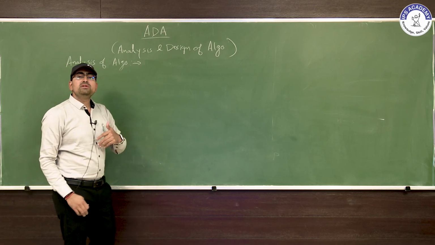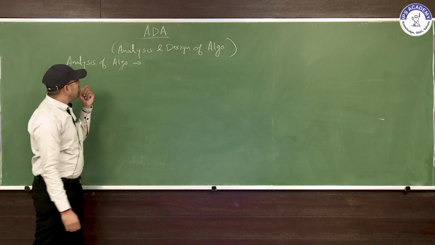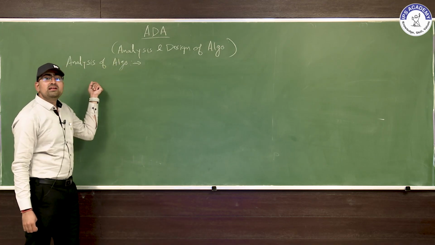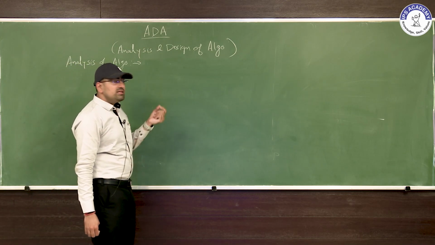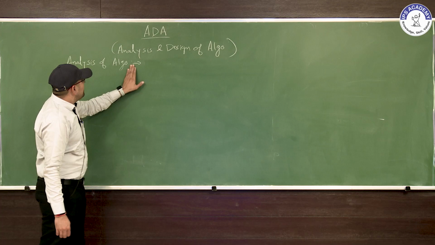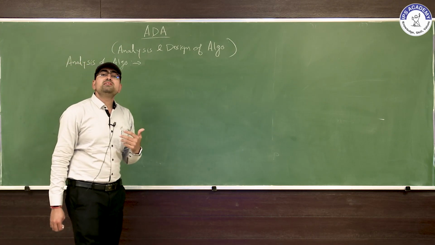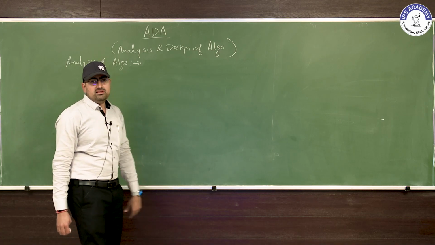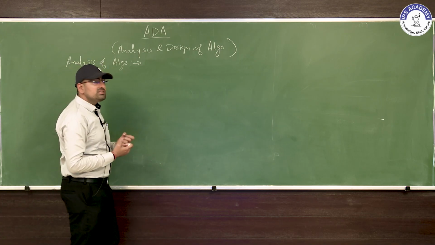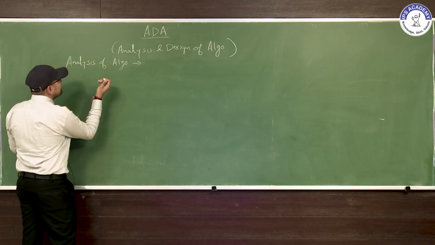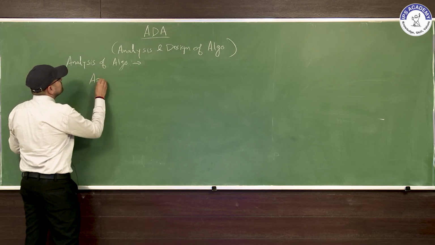Then we discussed the measure which we use for analyzing an algorithm, and that is the complexity, which is inversely proportional to the efficiency, okay? And now we need some mathematical measure to represent the complexity that we are interested in, right? So for representing the complexity of an algorithm, we need some mathematical model or mathematical construct, and that mathematical construct is asymptotic notation.